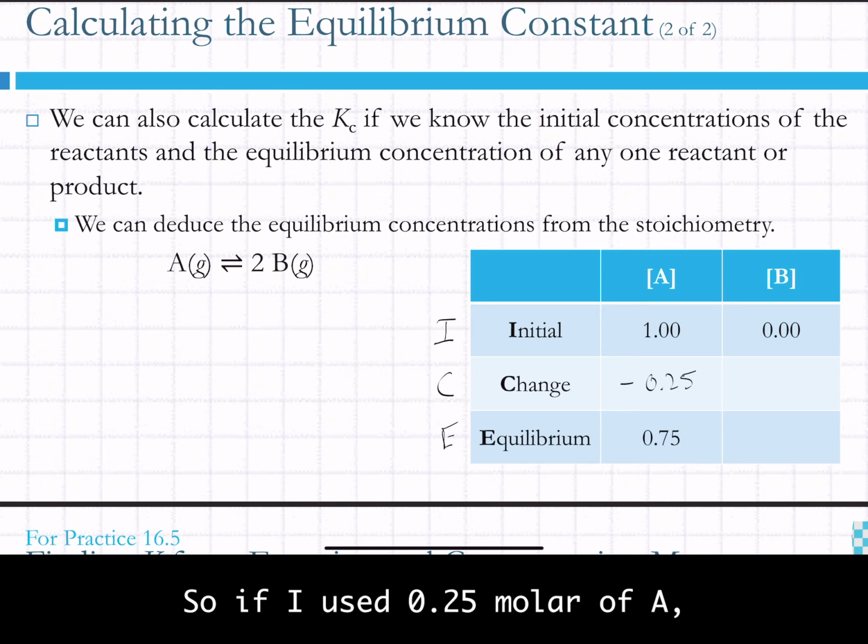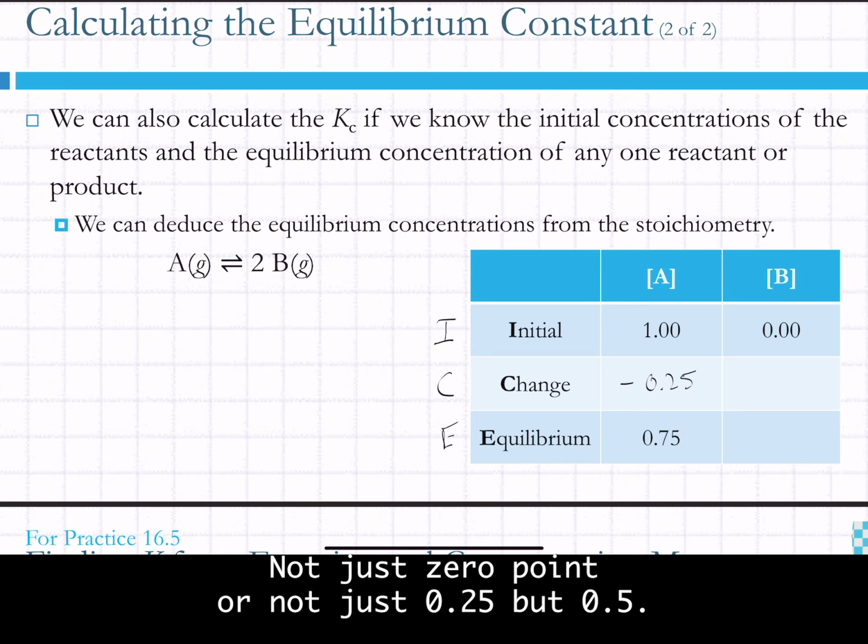So if I used 0.25 molar of A, how much B did I produce? Yes, 0.5.